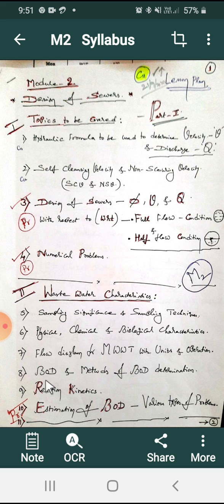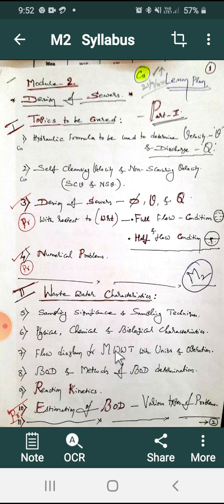After the characteristics, you have to study in depth the BOD determination and method of determination. These three topics are concerned with BOD, and the first two and the fifth and sixth are concerned with characteristics and quality of wastewater.